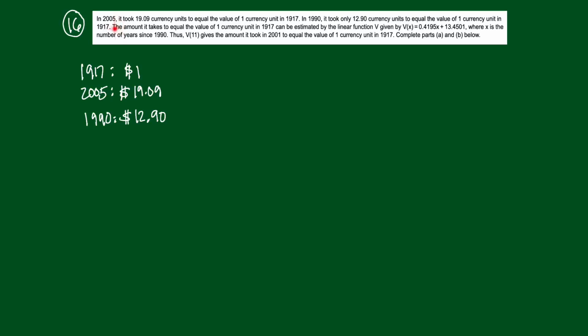It says the amount it takes to equal the value of $1 in 1917 can be estimated by this linear function right here. It says v of x, v for value probably, is equal to 0.4195x plus 13.4501, where x is the number of years since 1990.